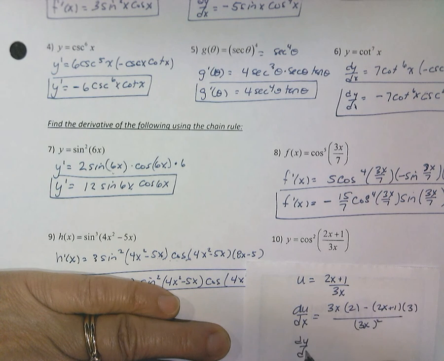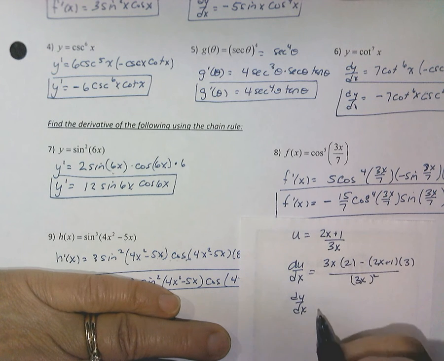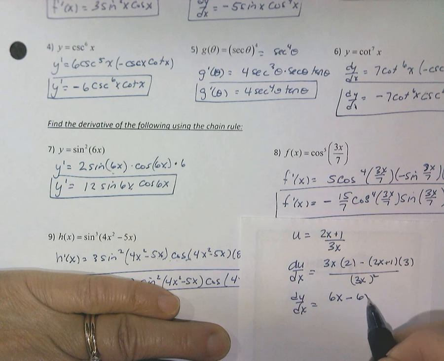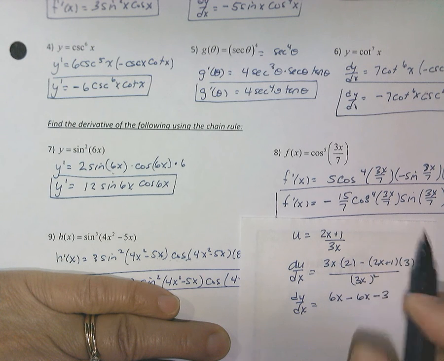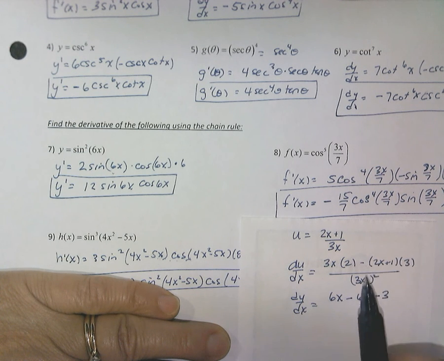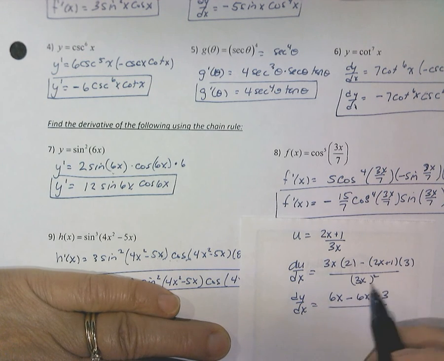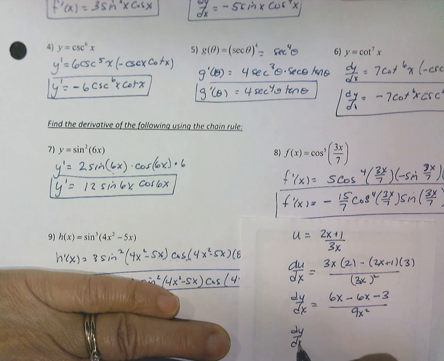So du/dx equals 6x minus 6x minus 3, because that's negative 2x times 3 and a negative 1 times 3, over 9x squared. So dy/dx is equal to negative 3 over 9x squared, which is equal to negative 1 over 3x squared.